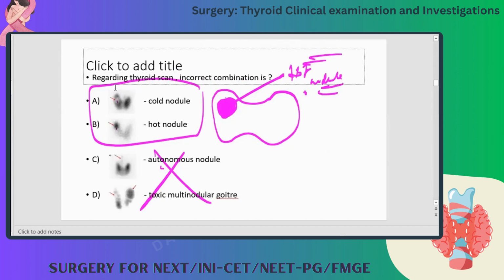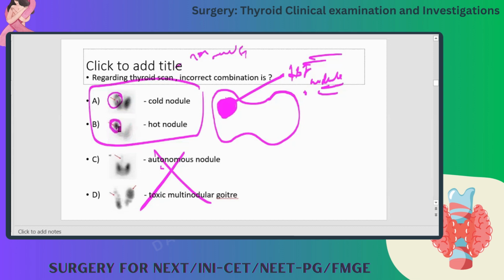The tracer you give IV, the thyroid gland pulls it up from the blood. It will accumulate in the thyroid. The rest of the gland is okay, but this part is not taking. So it is a non-functioning nodule. Whereas in this picture, the rest of the gland's thyroid uptake is okay, but here it is more.